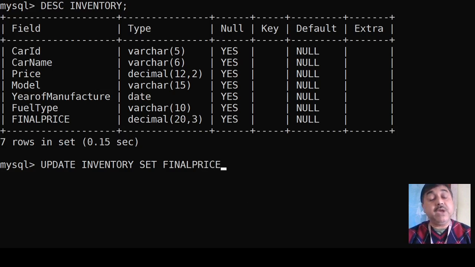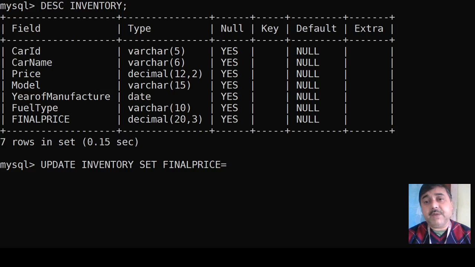Now what to set? We have to do some calculations there. Final price equals to what?